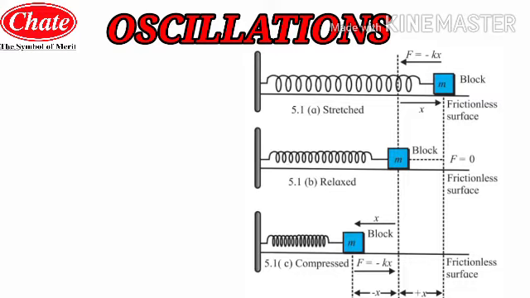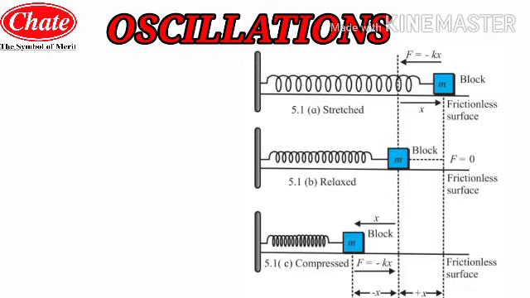So the block will move towards the left, toward the hinged or fixed support, but before that it will come to the point where its equilibrium position was. From there it will again move towards the left, to the leftmost side, and the spring will get compressed with the same amount of force with which it was stretched towards the right. In this third condition it will cause a displacement of x from its equilibrium position.